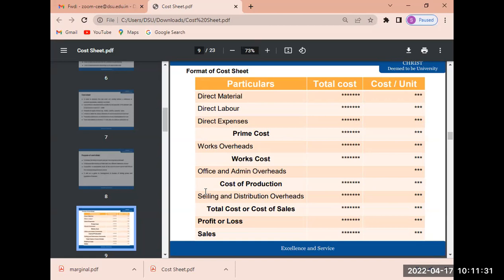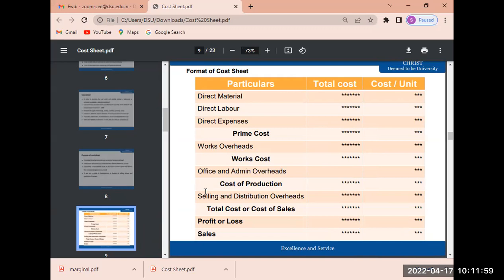Supervisor of a factory, where should it be added? Well, it's works overheads. Supervisor may not be there normally in the office. Suppose a supervisor is there in the office. The salary payable to the supervisor of an office should be added with office and admin overheads.